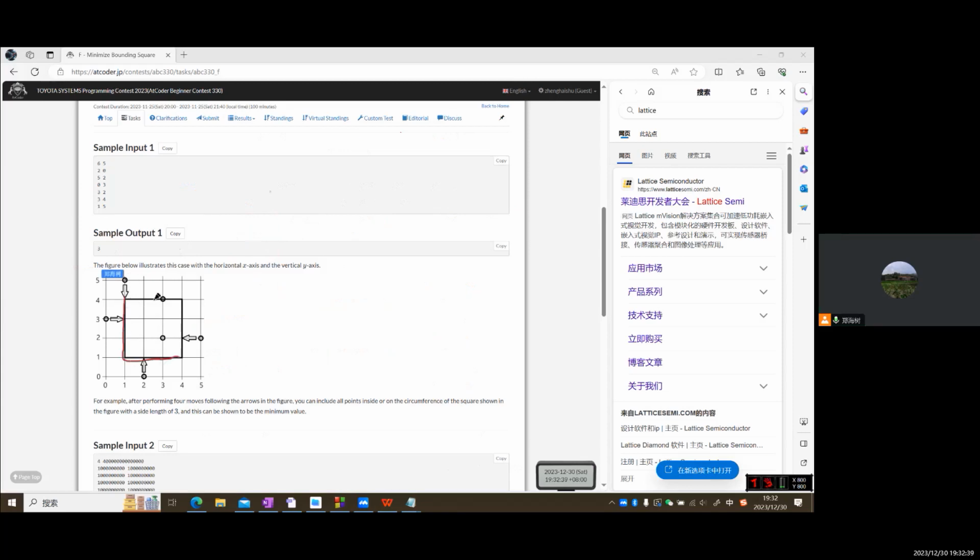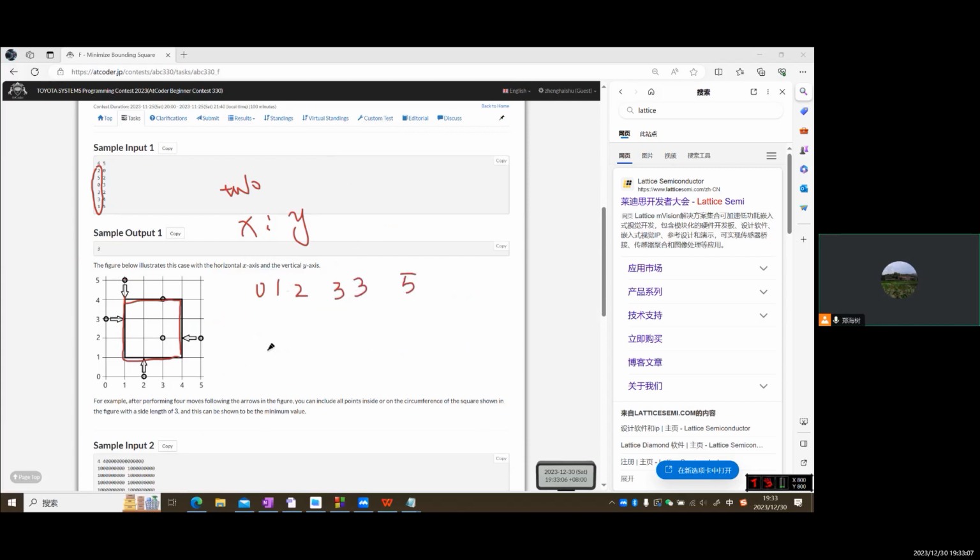From this sample, we can divide the coordinates into 2 directions, x and y. They are independent. For example, here we can sort the coordinates: 0 1 2 3 3 5.